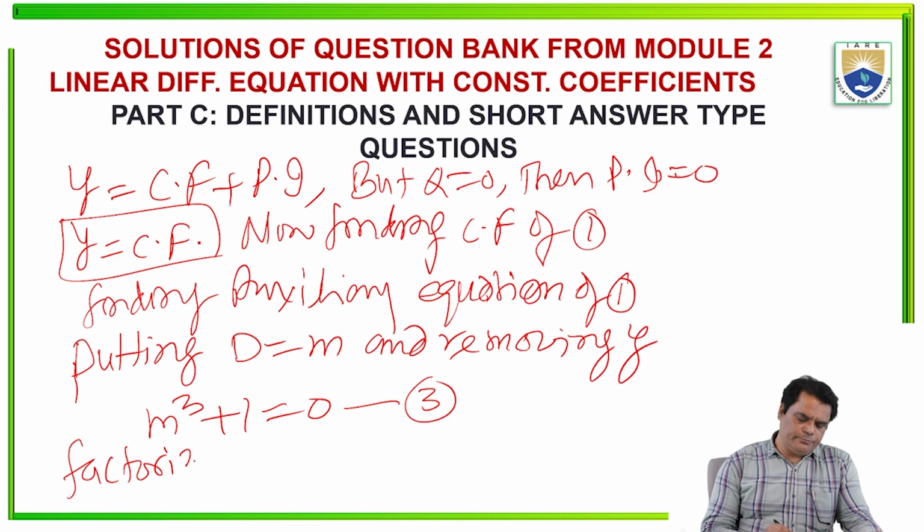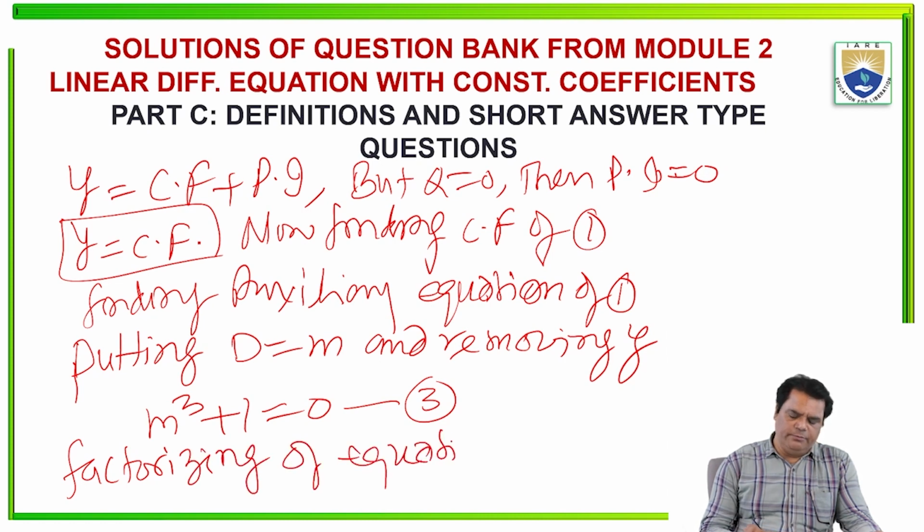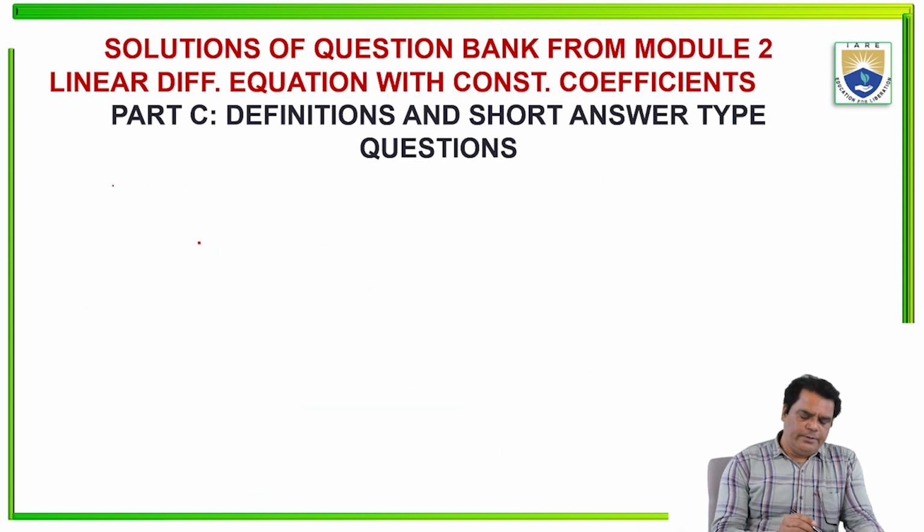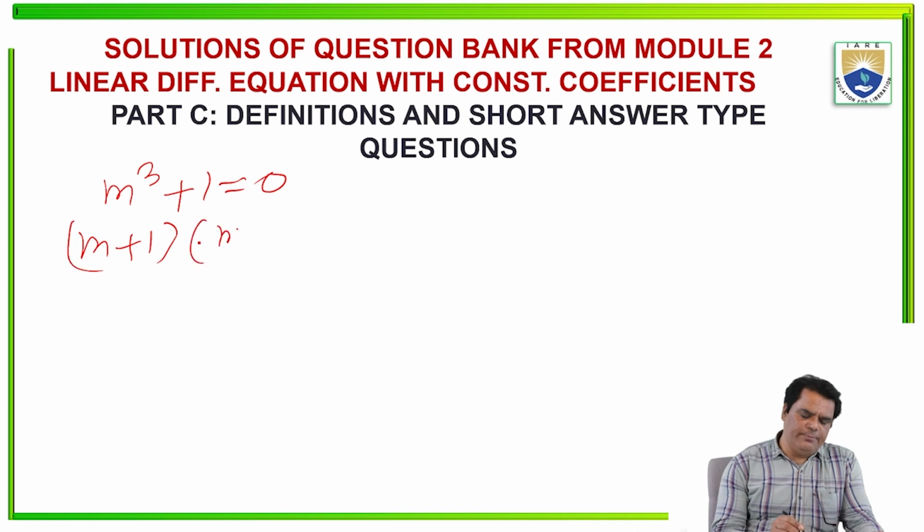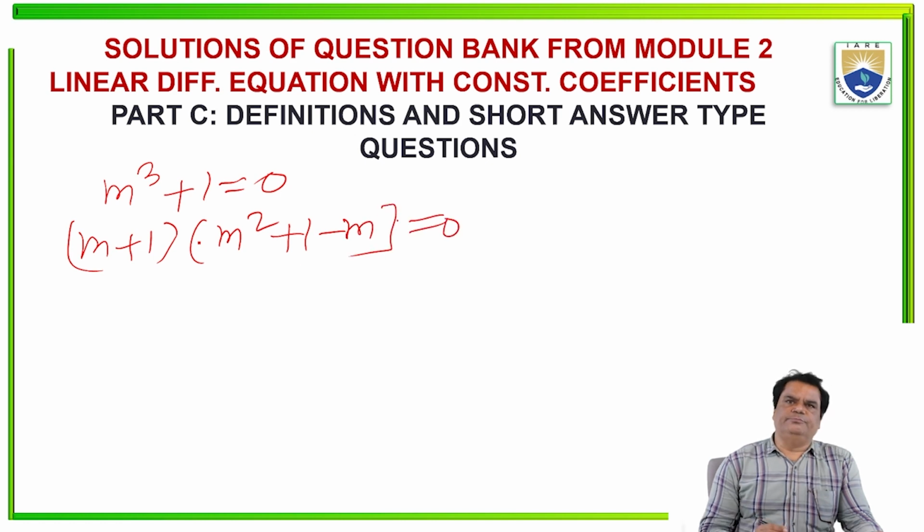Factorizing equation 3, we get m cube plus 1 equal to 0. So here writing (m plus 1) into (m square plus 1 minus m) equal to 0.